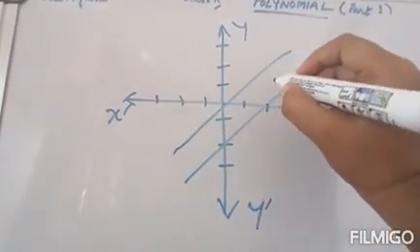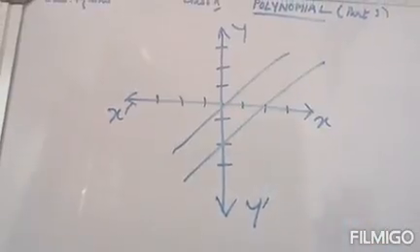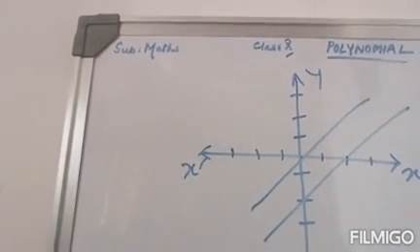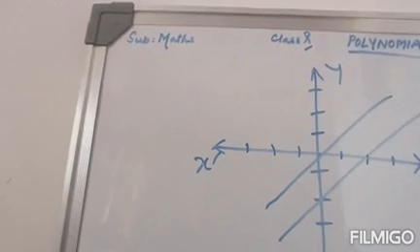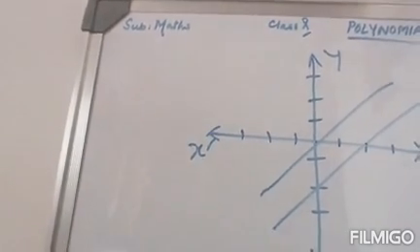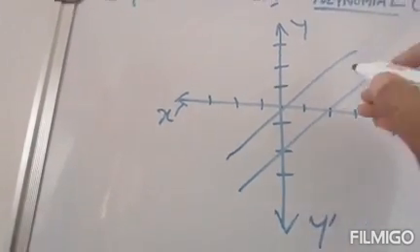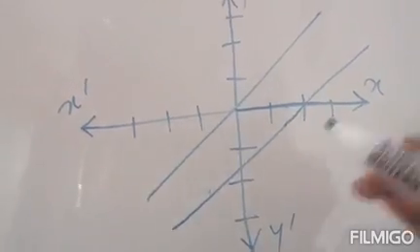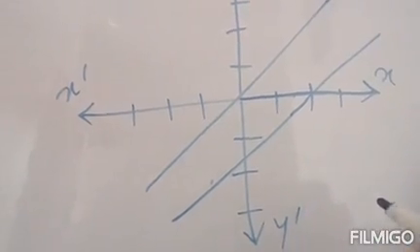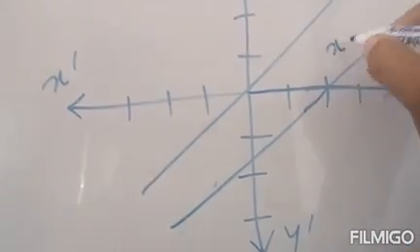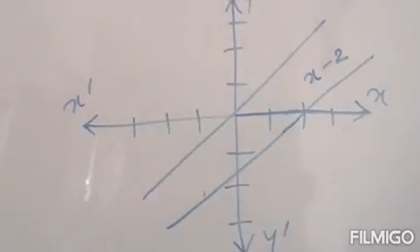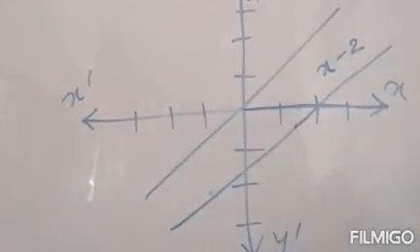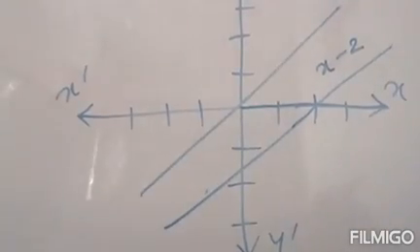Suppose this graph has one equation. Let us consider it to be x minus 2. x minus 2 is a polynomial function of x.